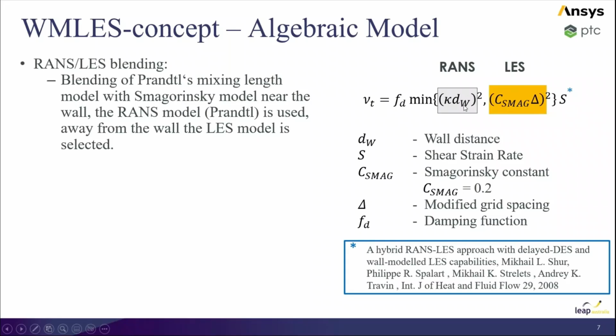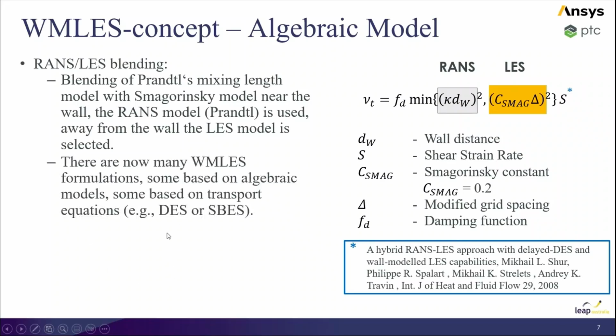And that RANS model could simply be a mixing length model or something very simple. And often it's then gone on to be supplemented by transport equations. I guess the big one to start this off was detached eddy simulation. And now stress blended eddy simulation is definitely our recommended way to go. And I'll show you why in a slide.